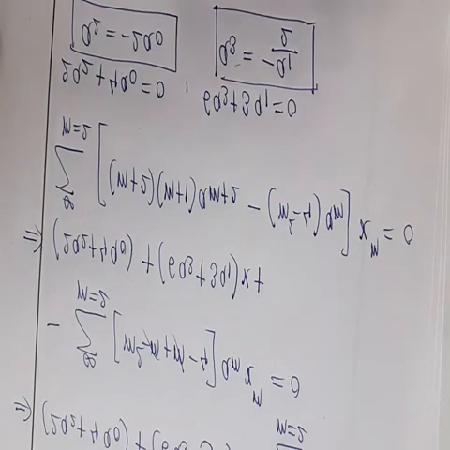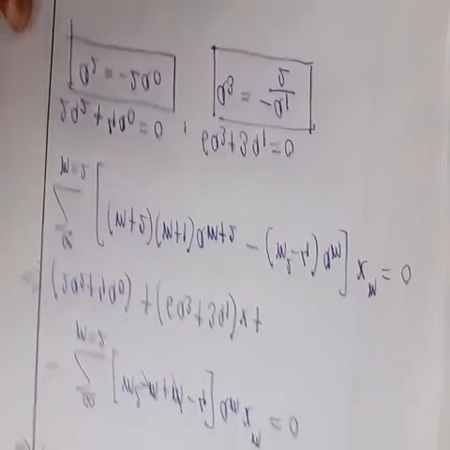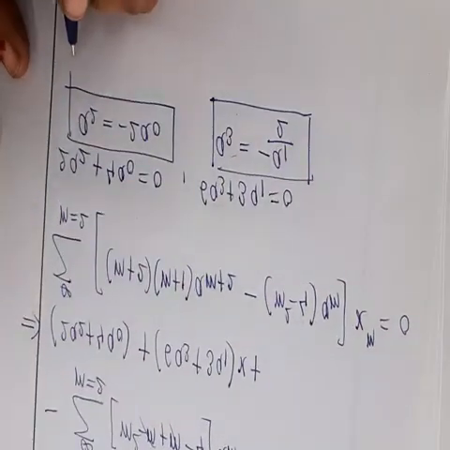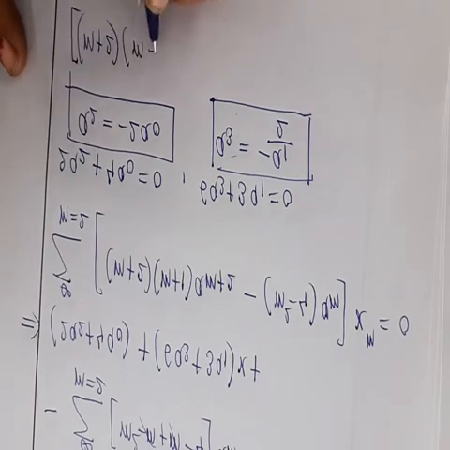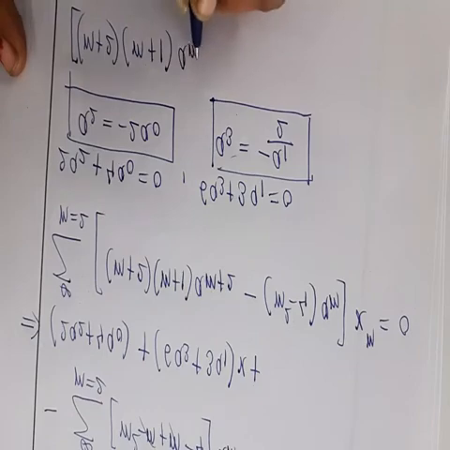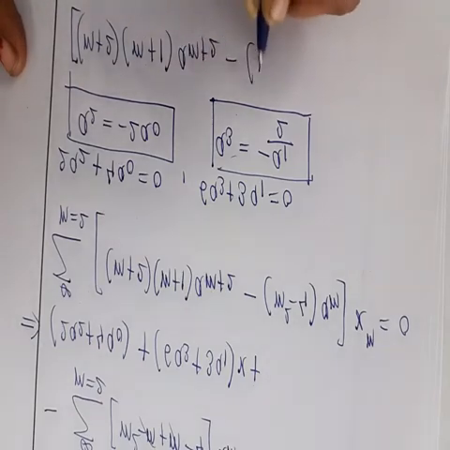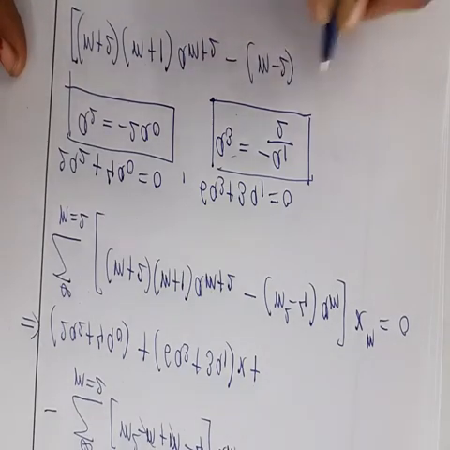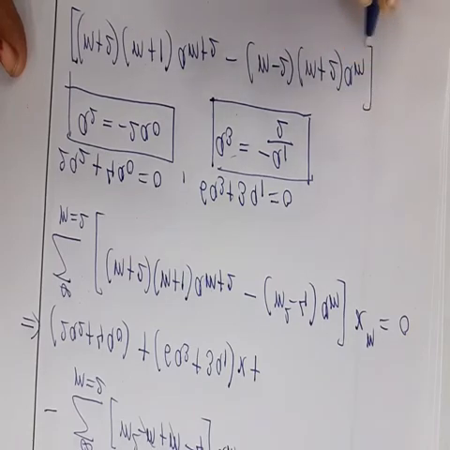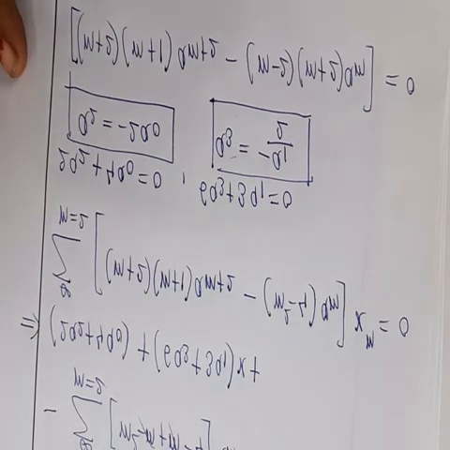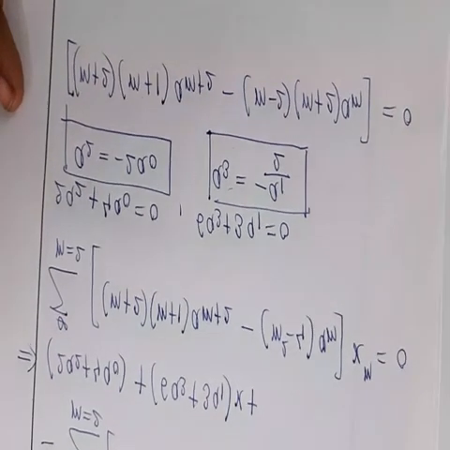Now the last term, (m+2)(m+1)a_{m+2} − (m² − 4)a_m, can be written as (m−2)(m+2) multiplied by a_m, and it is equal to 0, the coefficient of x to the power m equated to 0.